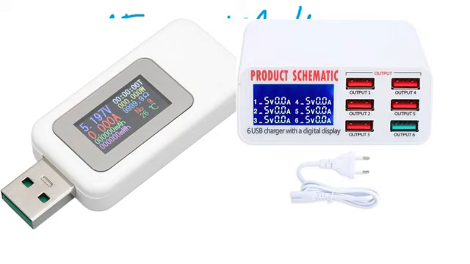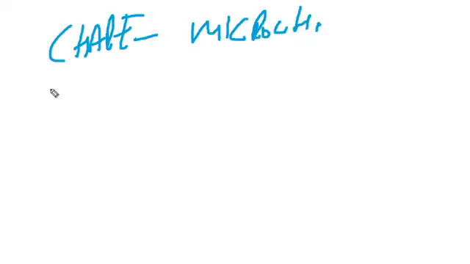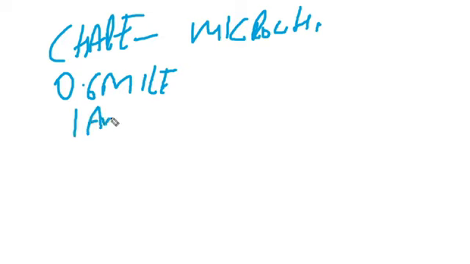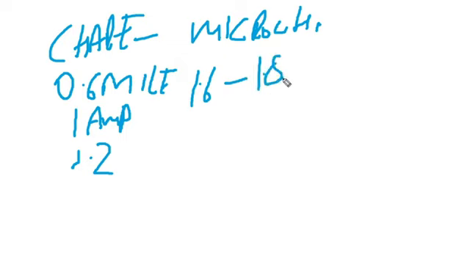Let's say an iSense charger. When you connect a charger, at first it takes 0.6 milliamp, right? After a few seconds, it goes to 1 ampere, 1.2 ampere, 1.6, 1.8 ampere. Am I right?